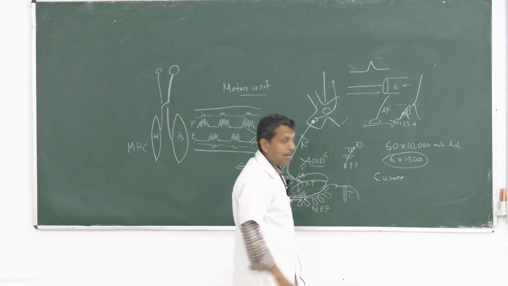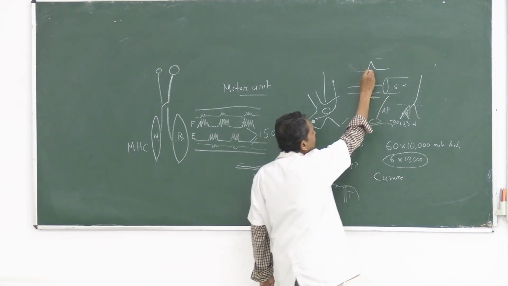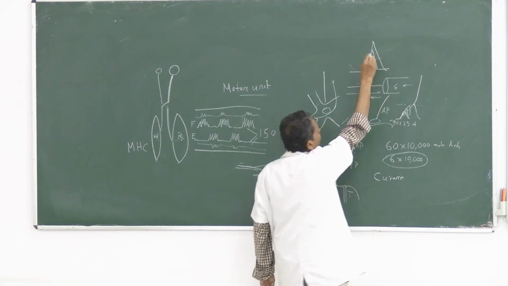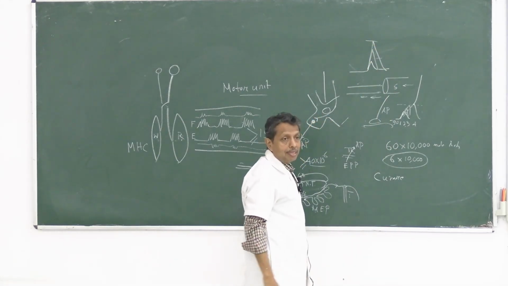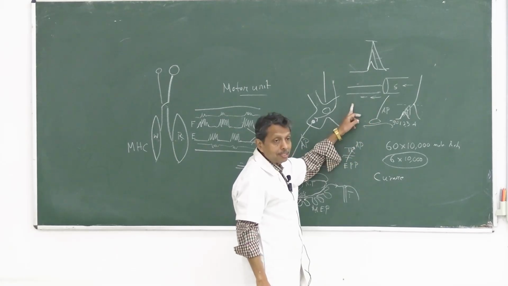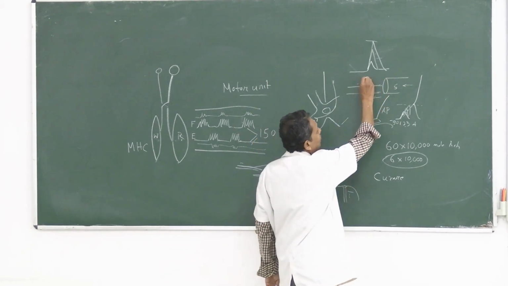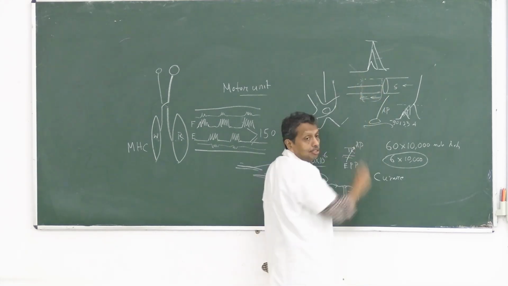If it is brought nearer and nearer, you see there will be an increase in contraction and ultimately to a final level. When it is completely overlapping, then there is not much increase.